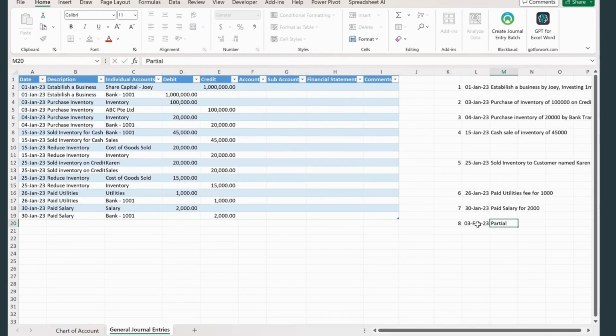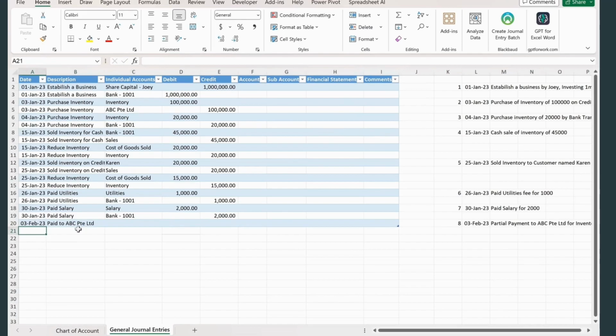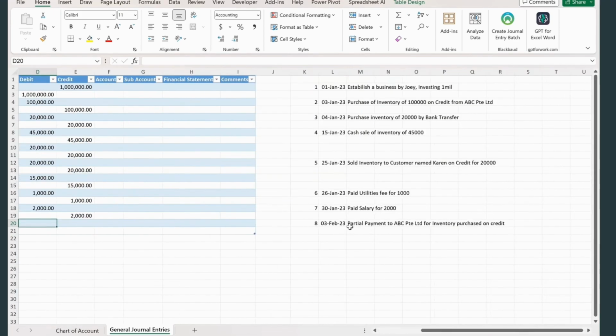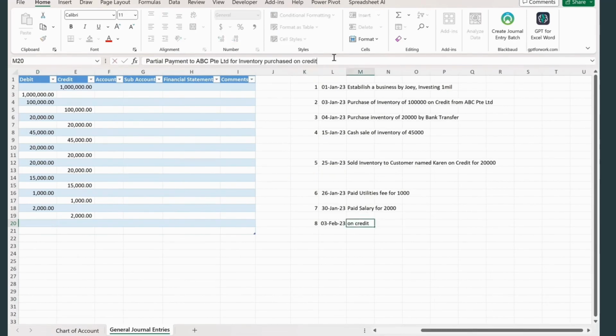Third Feb, partial payment to ABC for our purchase of inventory. Here we debit our ABC by 20,000.